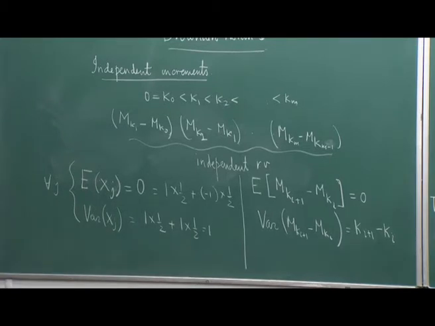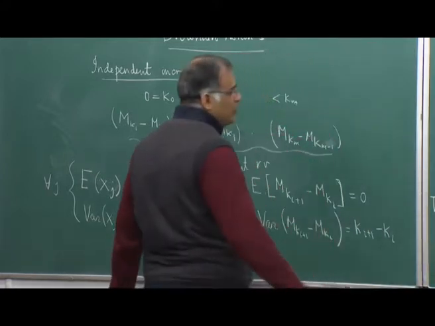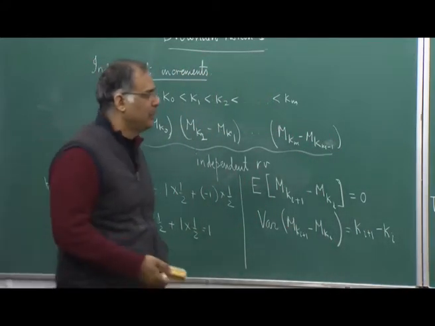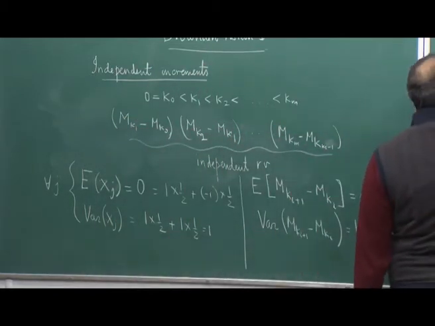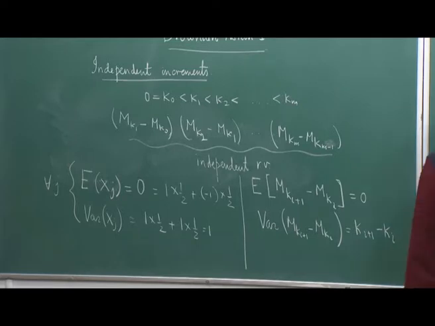Our second property about this random walk is to show that this is also a martingale. You see, the martingale thing comes up. So, the symmetric random walk is a discrete martingale.